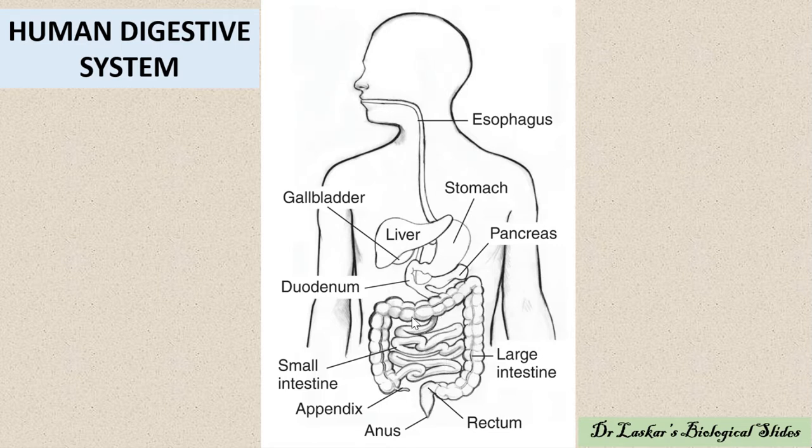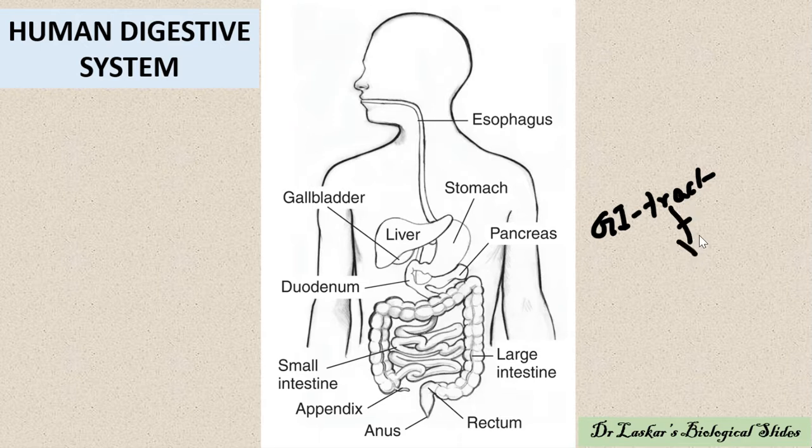Digestive hormones are mainly secreted from this part, like cholecystokinin, secretin, enterogastrin, duocrinin, enterocrinin, villikinin. These are the names of some gastrointestinal tract hormones, also called GI tract hormones. The main function of these hormones is to control the secretion of pancreatic juice, bile juice, and intestinal juice.